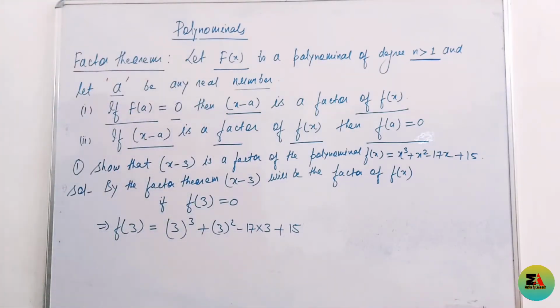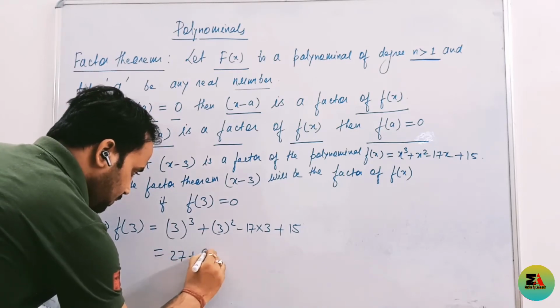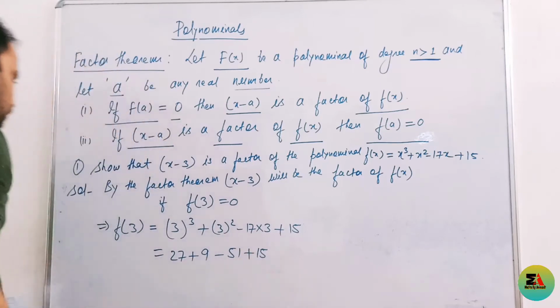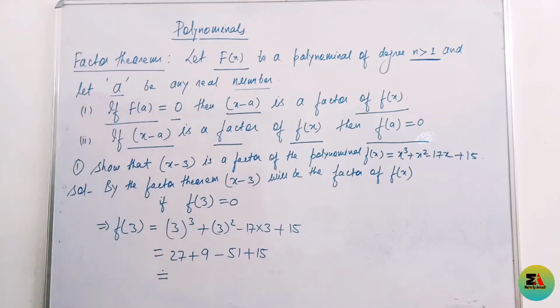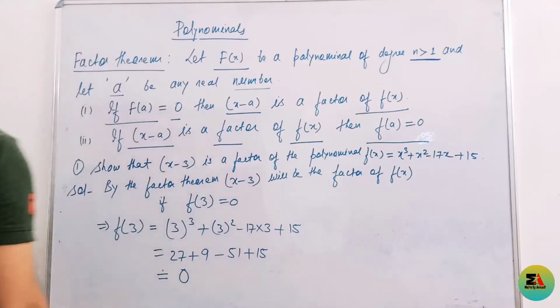I hope up to this stage it is clear. Now calculate it. This becomes 27, this becomes 9, this becomes 51, and this becomes 15. Clear? Now solve it and it becomes 0.